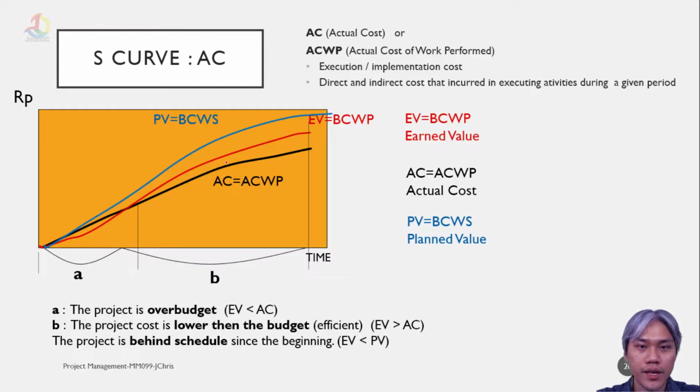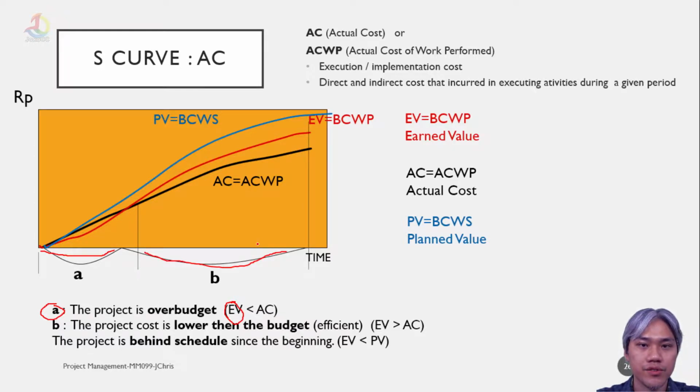Okay, when we compare the earned value with the actual cost here, we have two time frames. We'll just call them time frame A and time frame B. The project is over budget in time frame A. We can see that because the EV is lower than the AC.